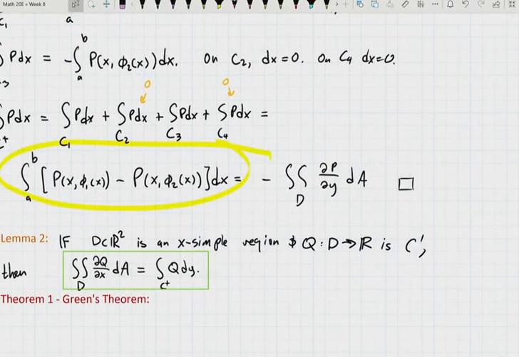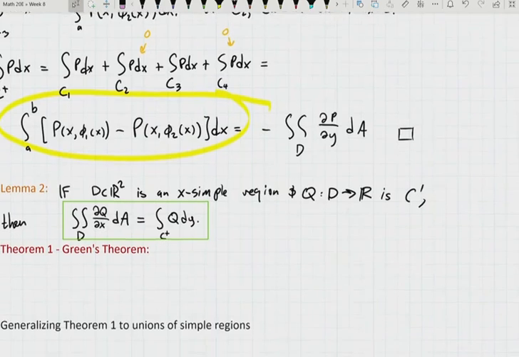Any questions? Okay, well, Green's theorem is just the combination of these two lemmas. I'm just going to put these two lemmas into one formula, and that's the whole of Green's theorem.